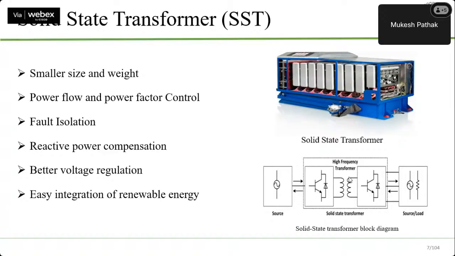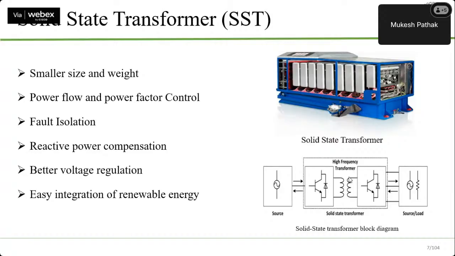As opposed to this conventional transformer, a solid state transformer would be much smaller in size. Size and weight can be reduced by a factor of up to 10. That means a 1,000 kg transformer will become a 100 kg transformer, and a 500 kg transformer will become a 50 kg transformer. So this is a huge reduction in weight and size.